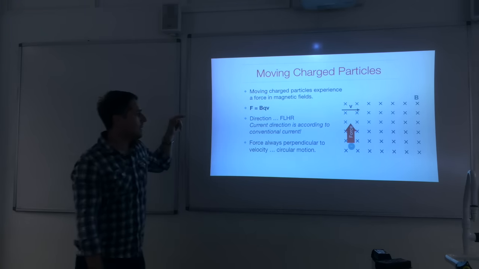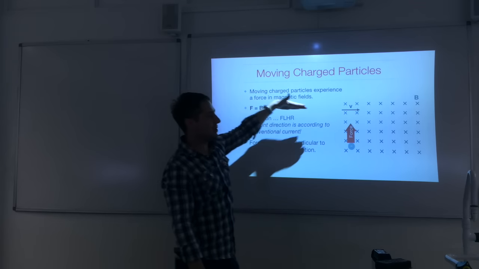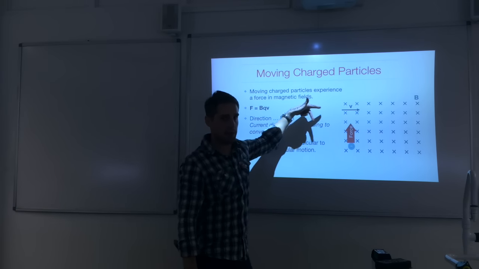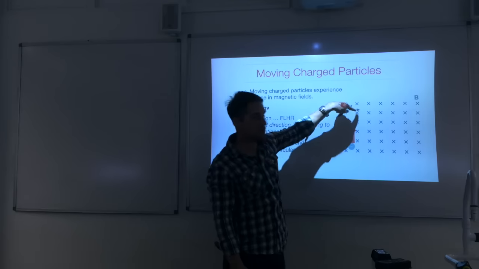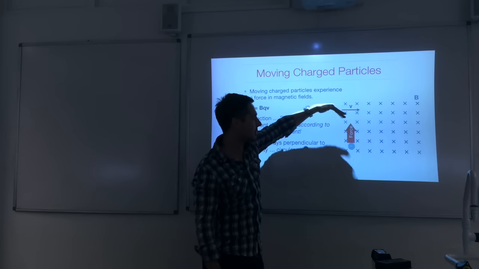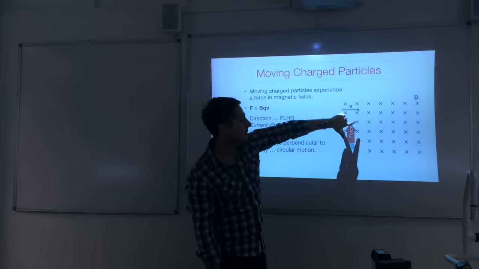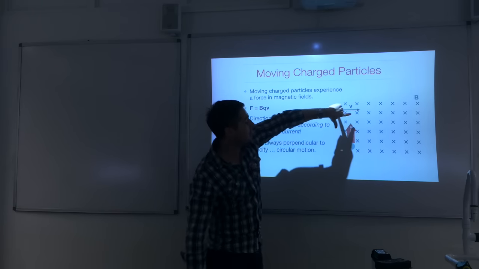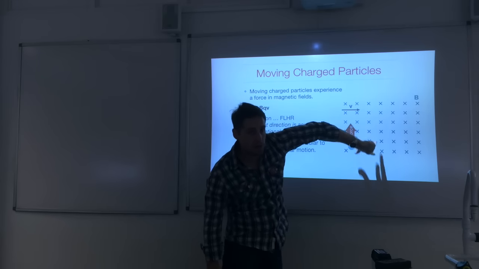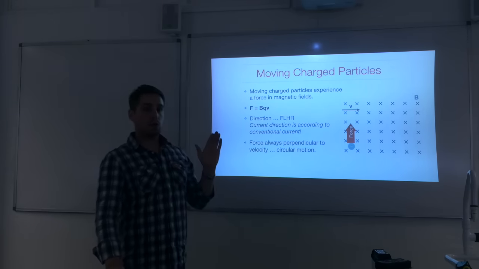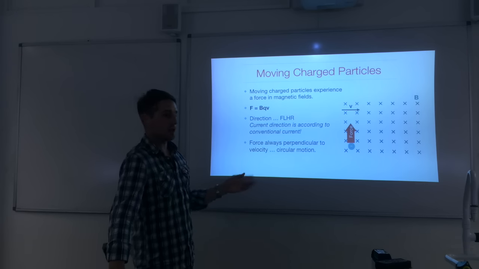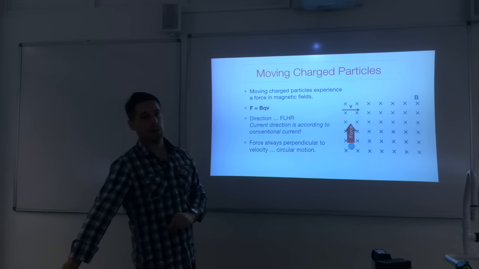Now, it will then change direction because it's being accelerated by this force, in this case down. So its velocity vector is going to change direction. That means that the conventional current direction changed, and therefore the force has changed direction. The force always changes as the velocity vector changes, so that it is always perpendicular to the velocity.